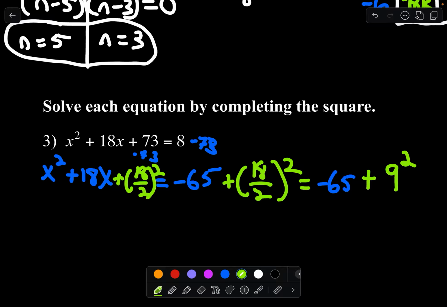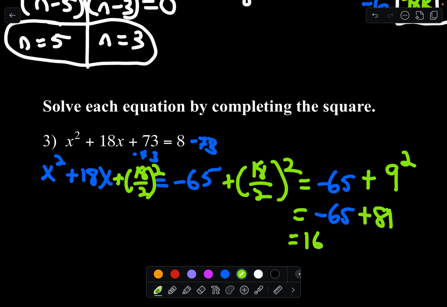So now we have negative 65 plus 81. What is negative 65 plus 81? I don't know because I just screwed it up. Negative 65 plus 81 is 16.